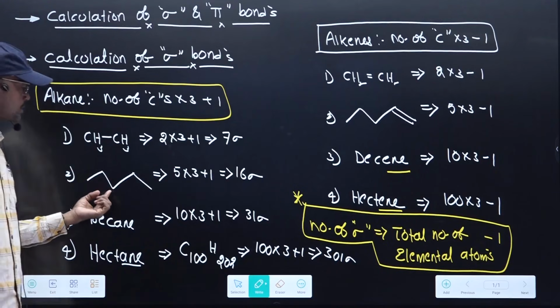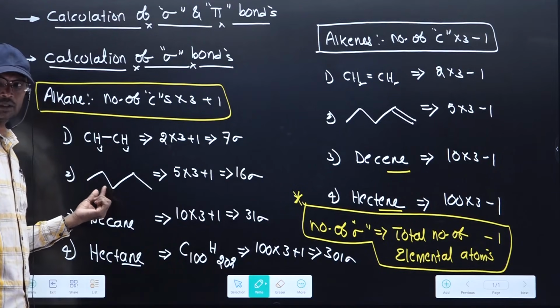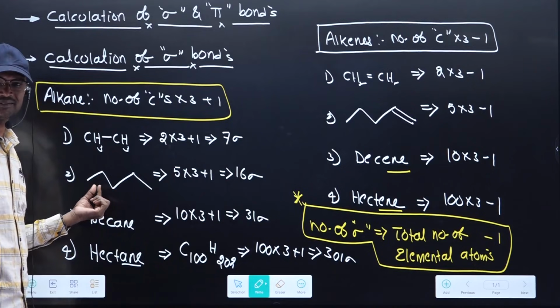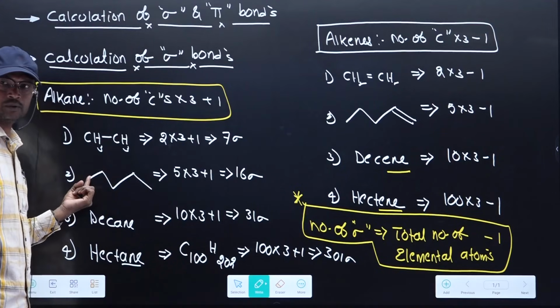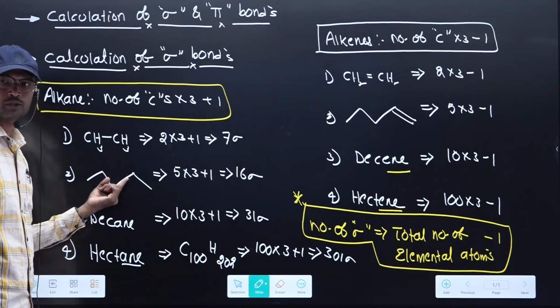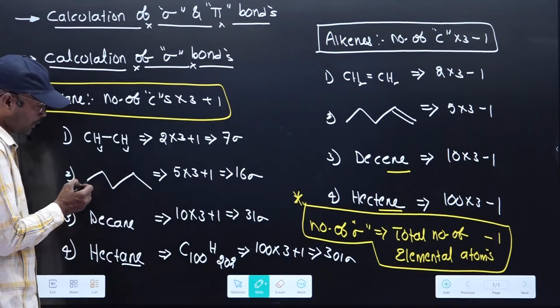Here how many elements are present? I think counting is too difficult. 1, 2, 3, 4, 5. 5 carbons. 5 into 2, 10, plus 2. Otherwise you count hydrogens first. 3 plus 3.